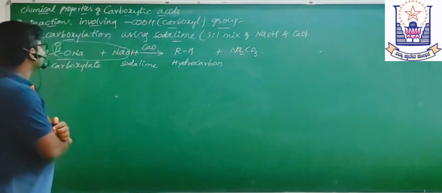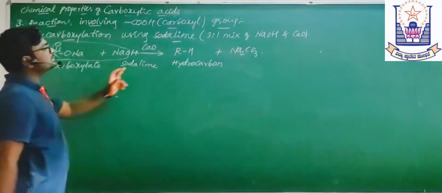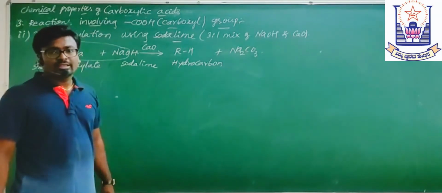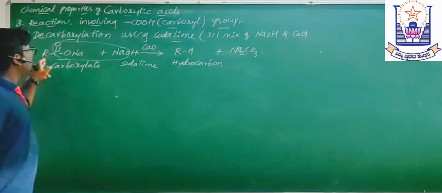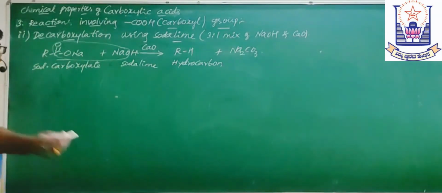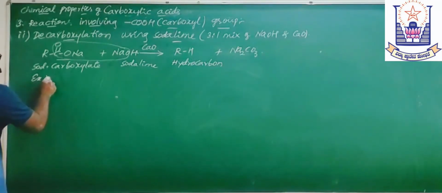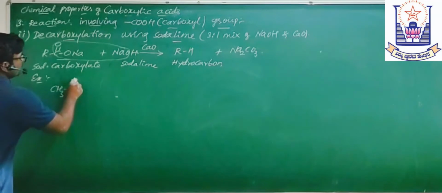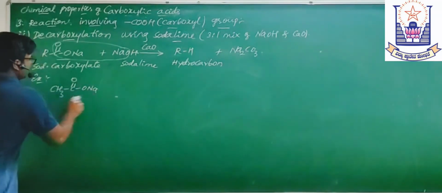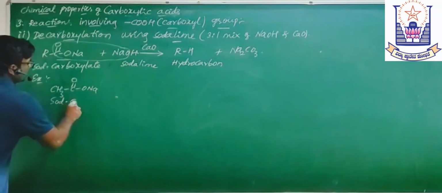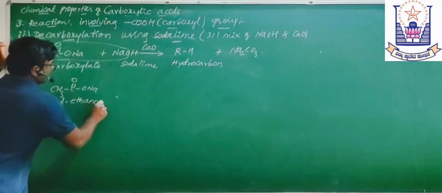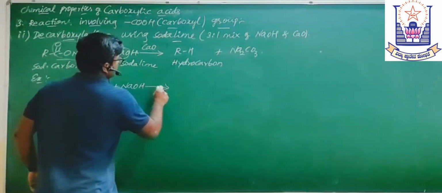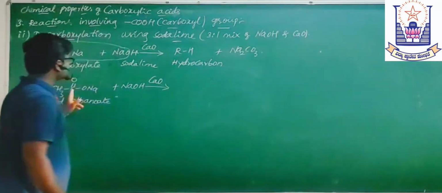Here, what is happening? One carbon is becoming less in the product. I will show you how. Take the example CH3COONa. This is called as sodium ethanoate. And treat this with soda lime. What happens?